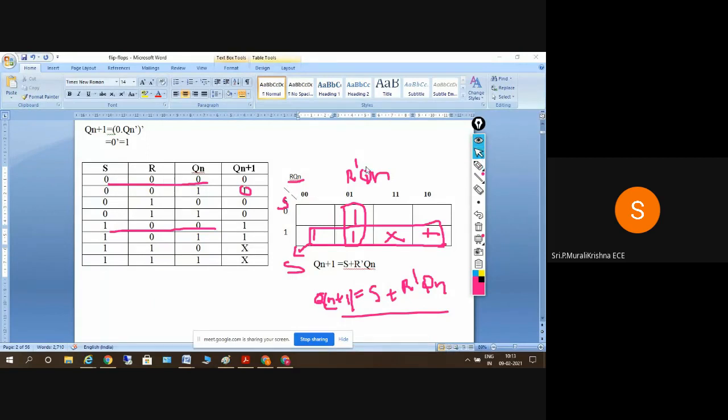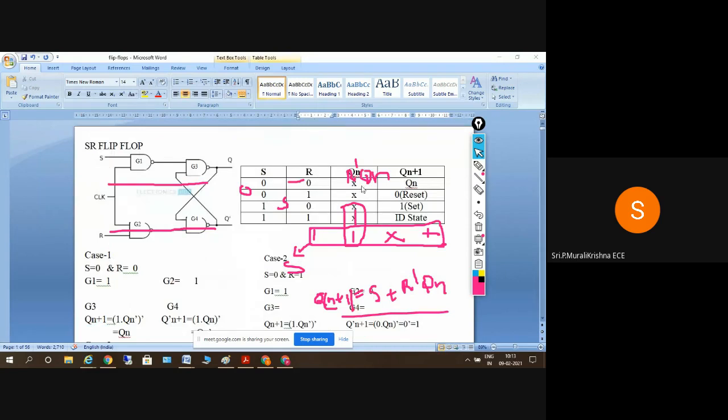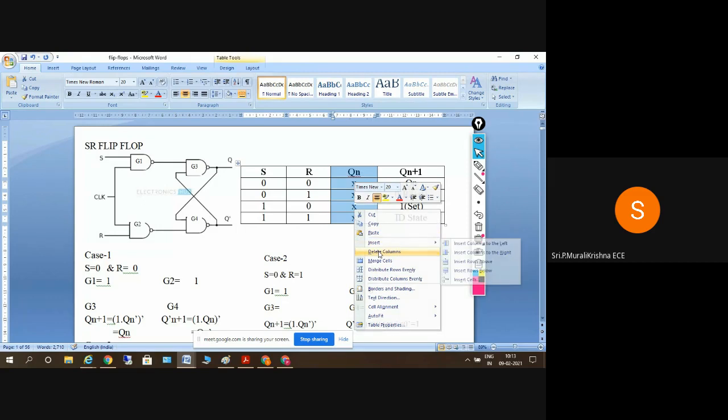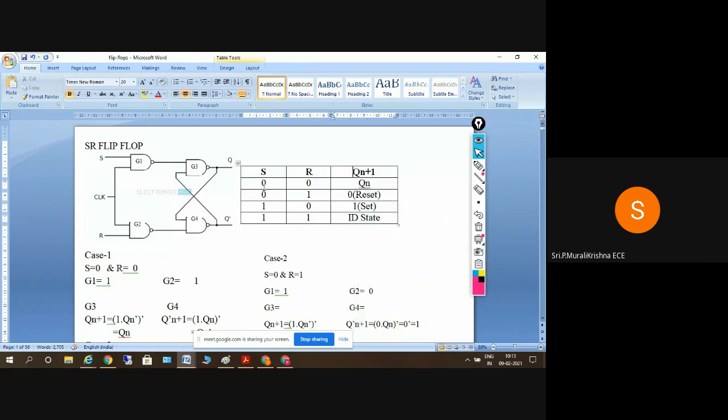And this is the normal truth table. If I eliminate the value of Qn, this is the simplest truth table here. This one you have to remember for sure.